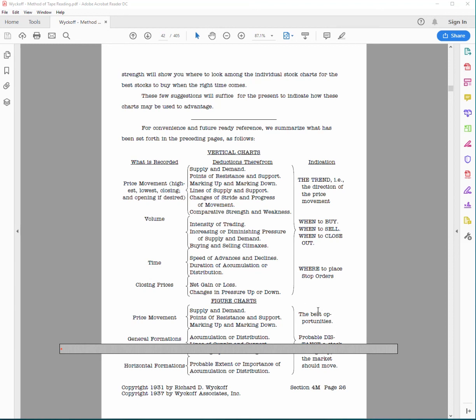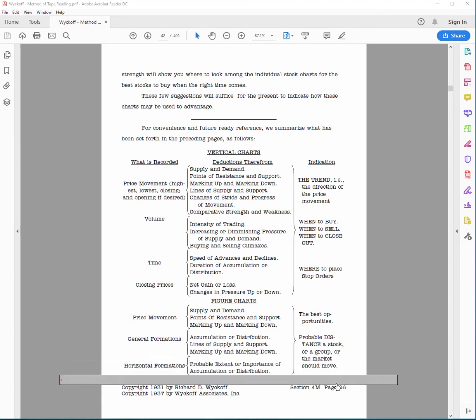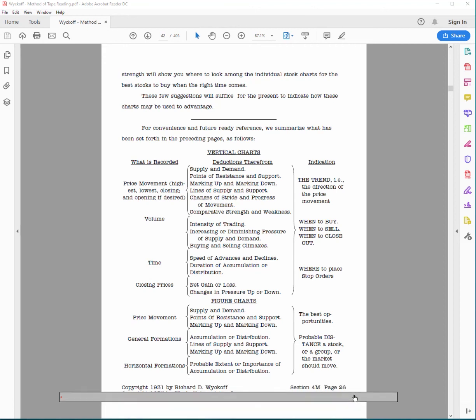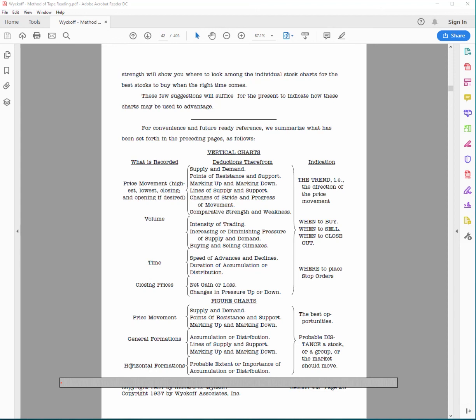Because the best opportunities will be in a springboard position. They will have a base and they will have potential. Those are the best opportunities, and the distance, the cause, and the effect of that potential, along with support and resistance lines. The horizontal formation, the general formation, tells you whether it's an accumulation or not.